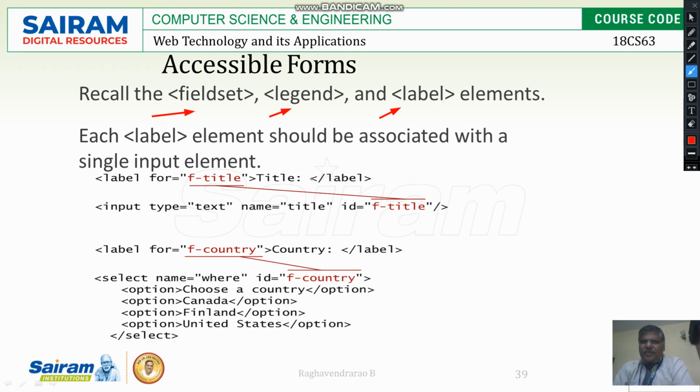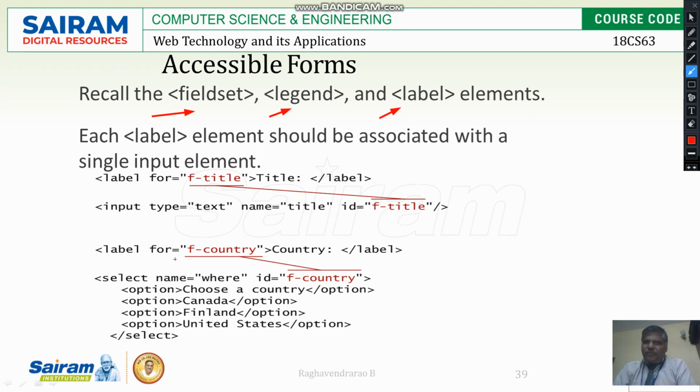For this F title ID, the label is title. Input type is text, name is title, ID is F title. So you are calling this particular label for the input text box, and you will have this title.